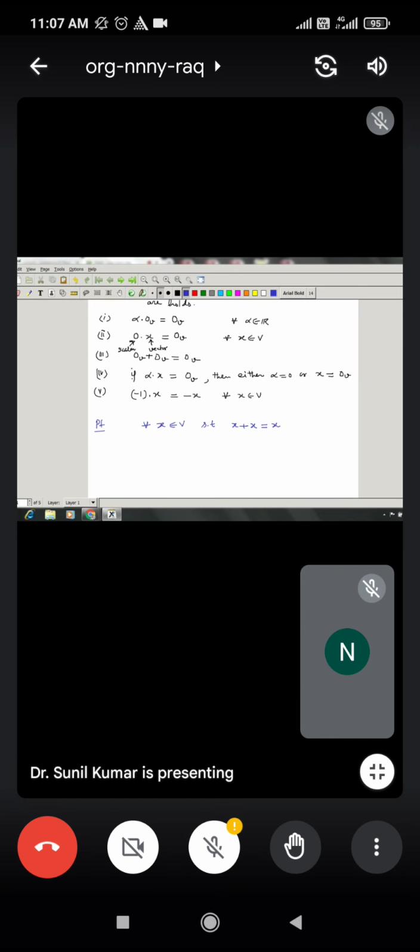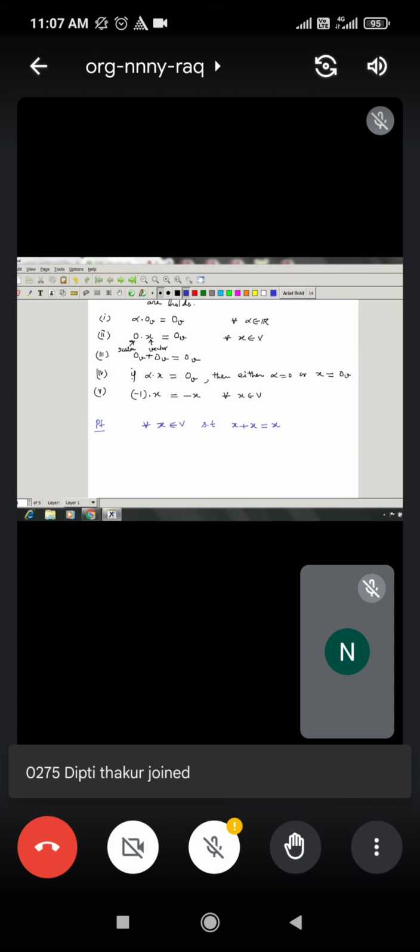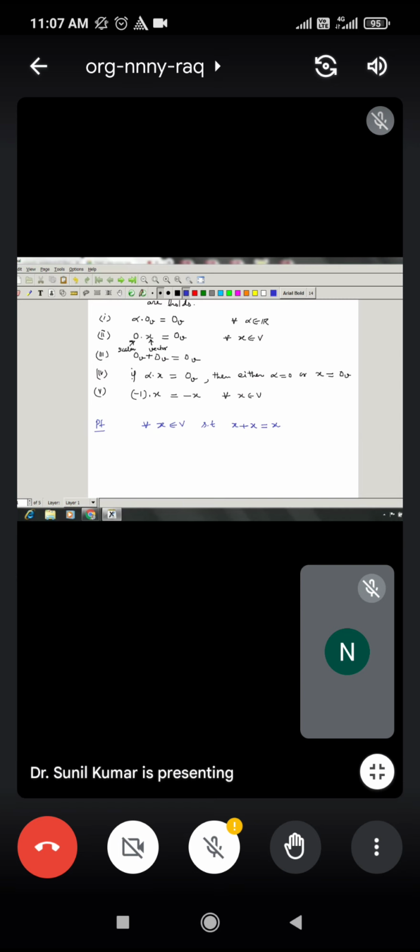Can you say something about this x? x is equal to 0 V, because x is a vector. So 0 V is the only vector which satisfies this condition.